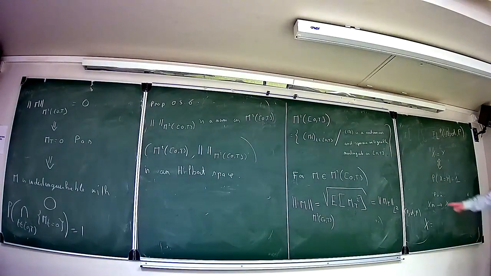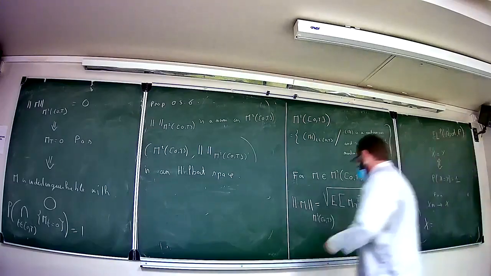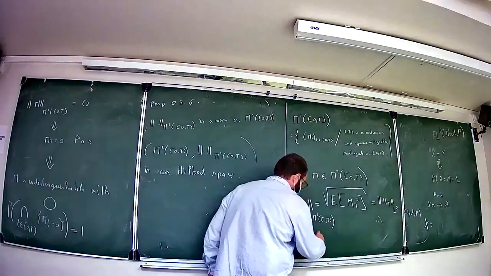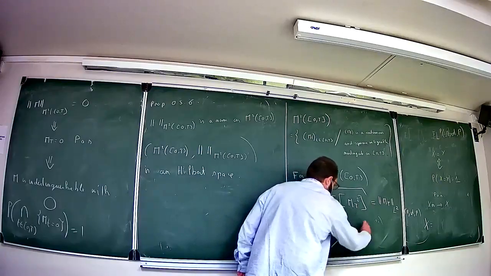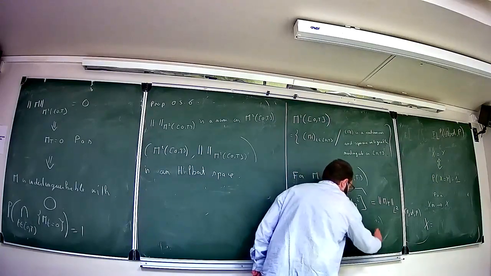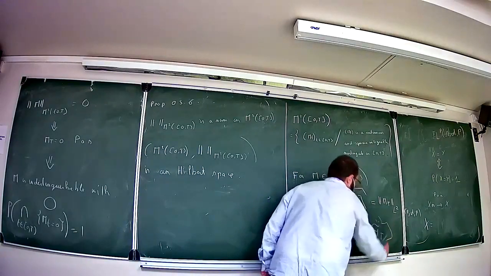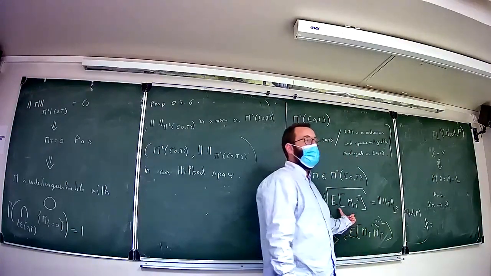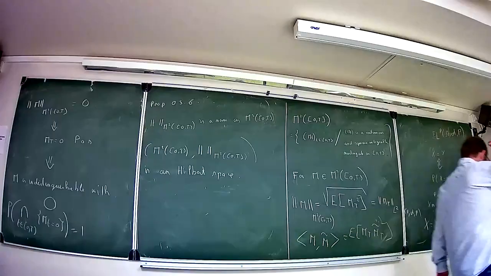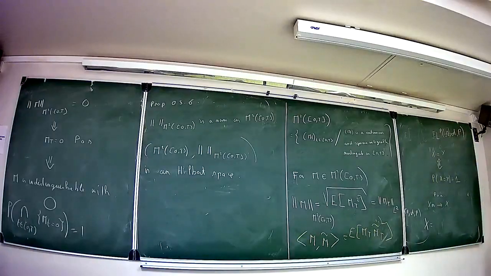The scalar product here is not difficult to find. The scalar product between two martingales will be just the expectation of the product of the final value, because you have here a norm that comes from a quadratic form.